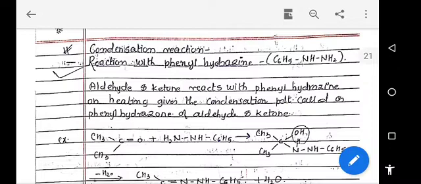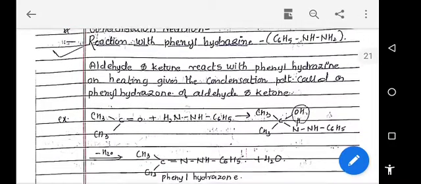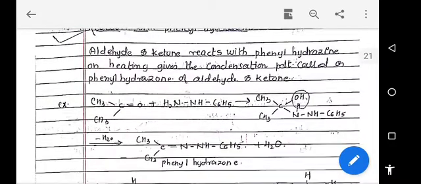So this phenyl hydrazine reacts with the aldehyde and ketones, means this reaction also takes place at the same time like the amines, because amines also attack from the nitrogen atom. Phenyl hydrazine also attacks from the nitrogen atom. So aldehyde and ketone react with the phenyl hydrazine.